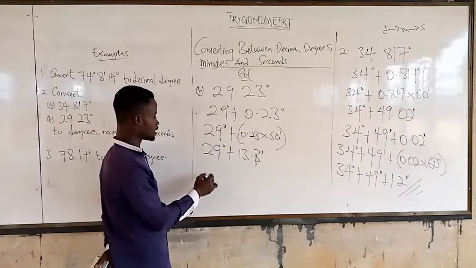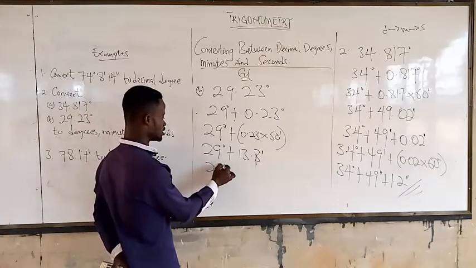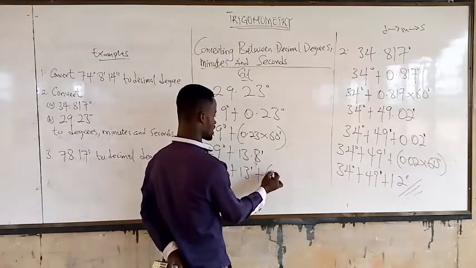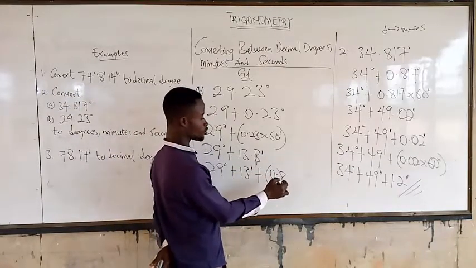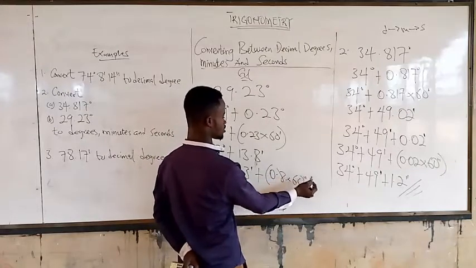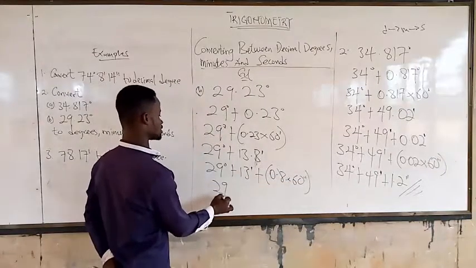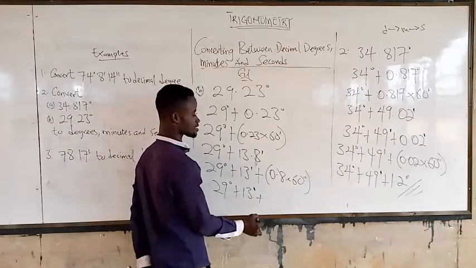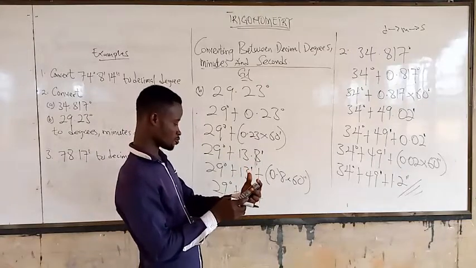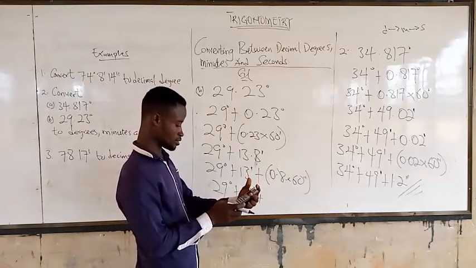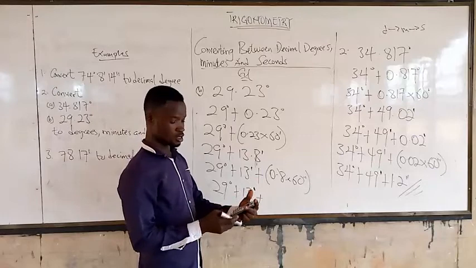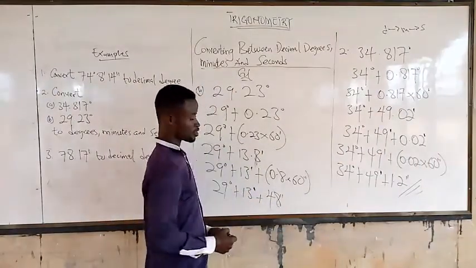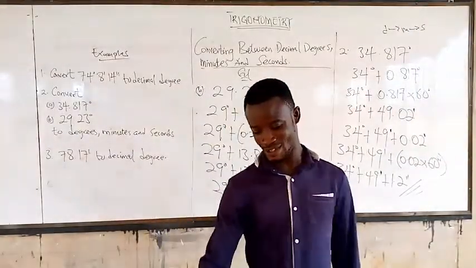And this 13.8 minutes can be written as 29 degrees plus 13 minutes plus, here we get 0.8. So we multiply it by 60 seconds. And we get 29 degrees plus 13 minutes plus, lastly, 0.8 times 60. And we get 48 seconds. Very good. So that is that for that.